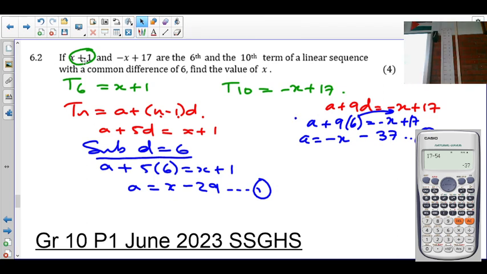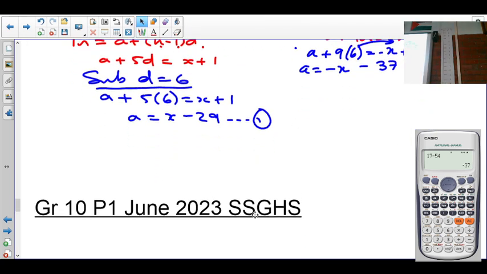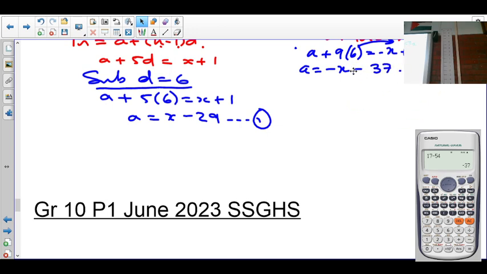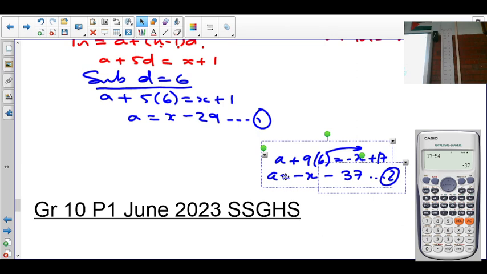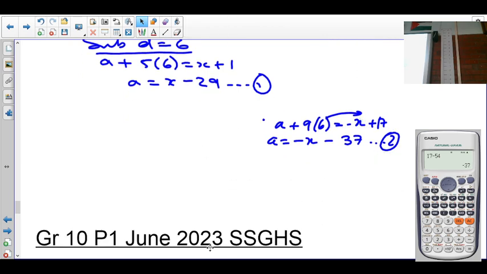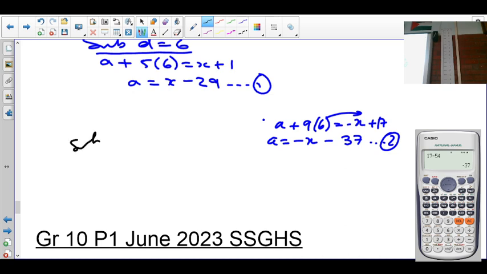So what I'm going to do now is I'm going to do simultaneous equations. Okay? Pull this down here. Since we have a is equal to x minus 29, you're going to substitute equation 1 into equation 2.